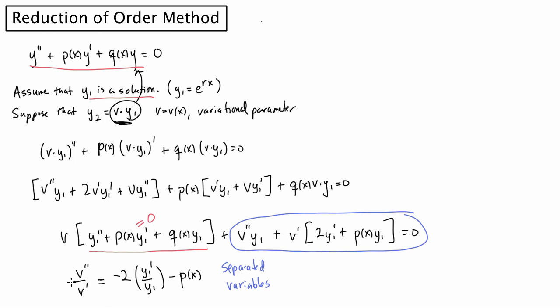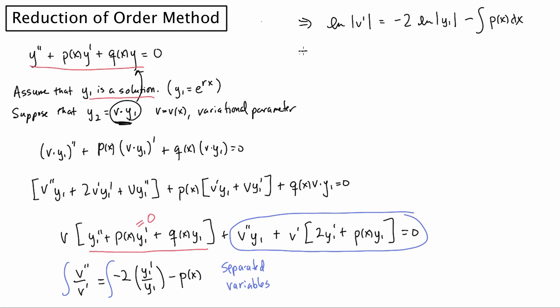Now, what happens if I integrate both sides of this? On the left-hand side, the integral becomes the natural log of v prime. That's equal to minus 2 natural log of y1 minus the integral of p of x, which I don't know, so I'll just leave the integral on it.